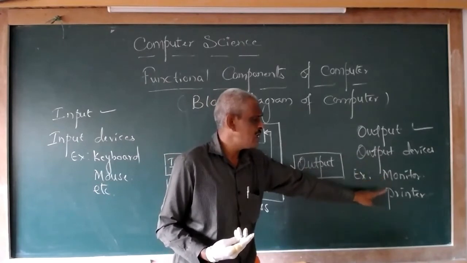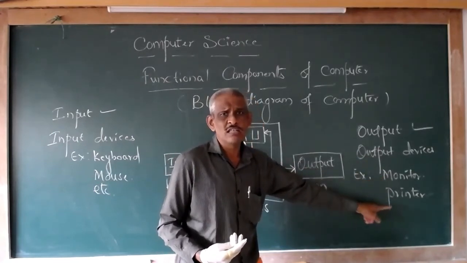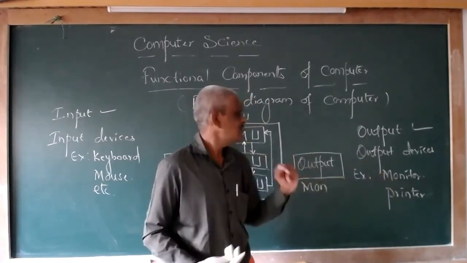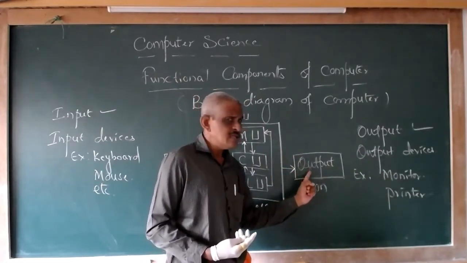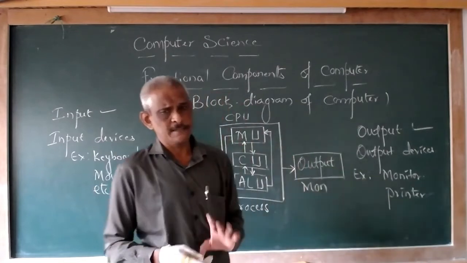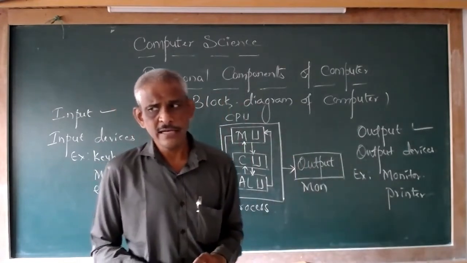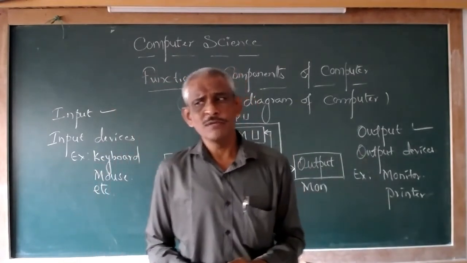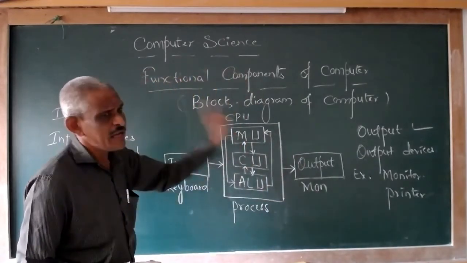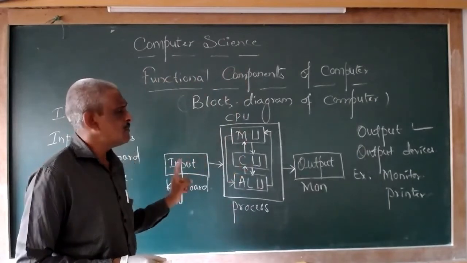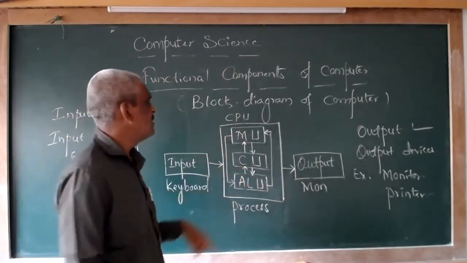Example: monitor, printer, plotter, speakers, etc. Then monitor is the standard output device. Right? This is all about the functional components of a computer, or the block diagram of a computer.